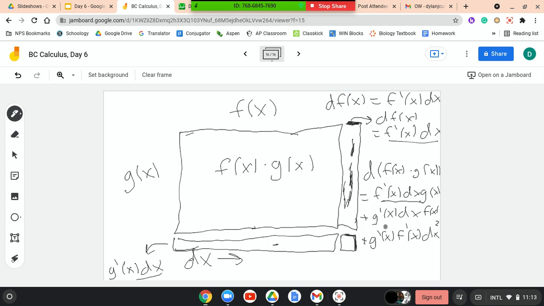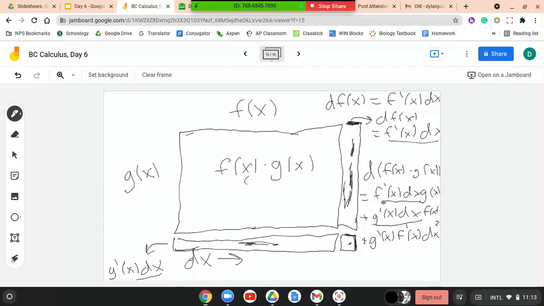Yep. The second one is the area of this rectangle. Yeah. Okay. And the third one is the area of this rectangle. And we said that that's equal to the change in our function, because our function is the area of the rectangle. So the change in our area is the same thing as the change in our function. That's why. I see where I was confused. I get it now. Cool.